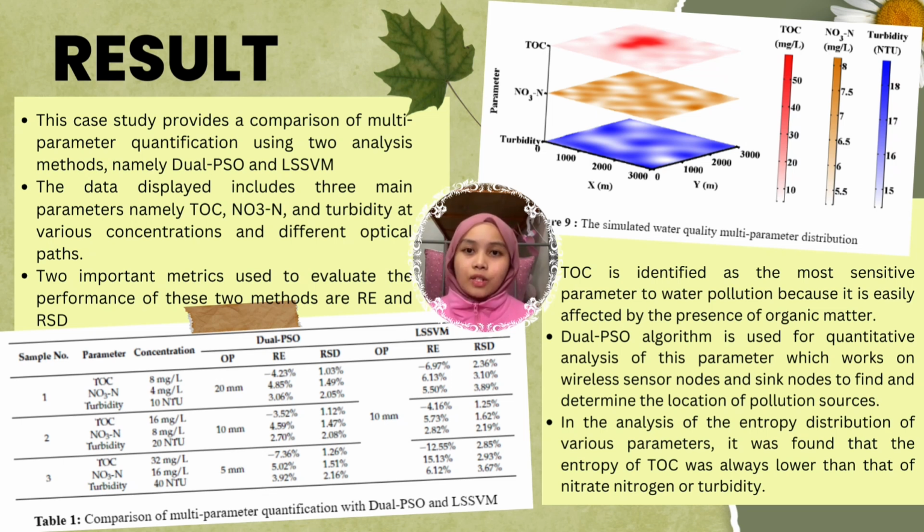In the analysis of the entropy distributions of various parameters, it was found that the entropy of the TOC was always lower than the NO3-N and turbidity. This shows that the lower disturbance of TOC has made it an effective metric to identify the parameters that are most sensitive to pollution.